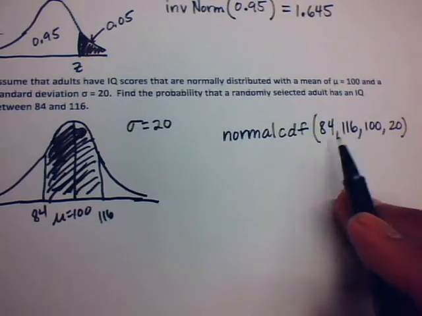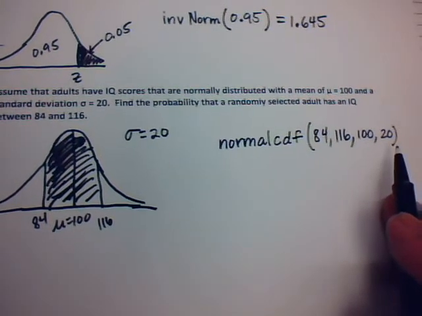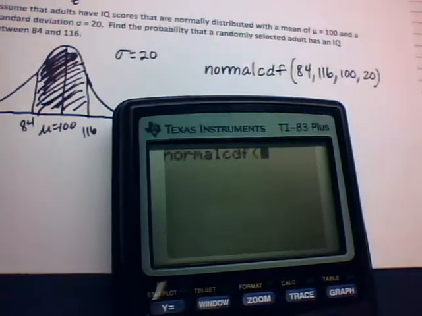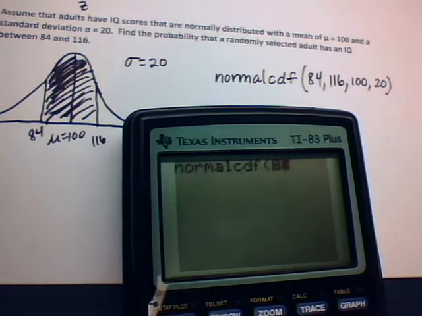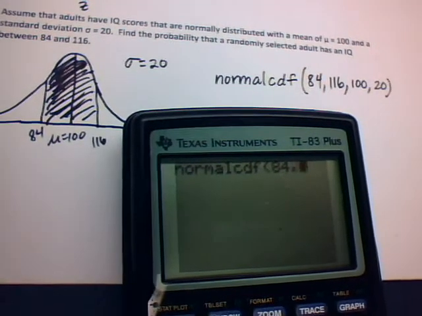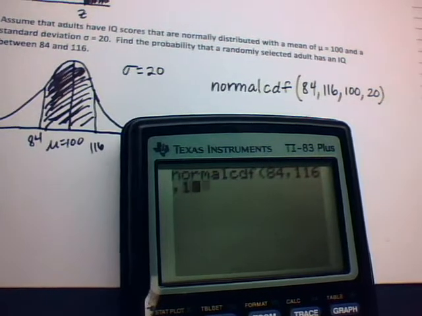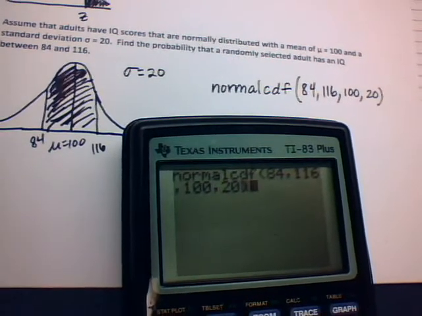The lower limit, then your upper limit, then mu, and then sigma. So here, after you press second vars and select number 2, we enter the first number, which is 84, comma, then 116, comma, 100, comma, 20, close parentheses.